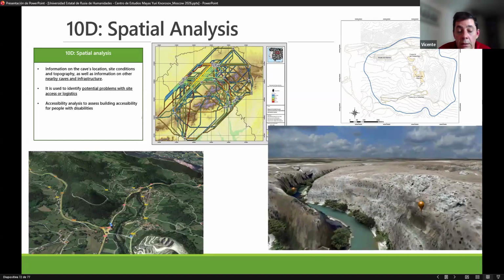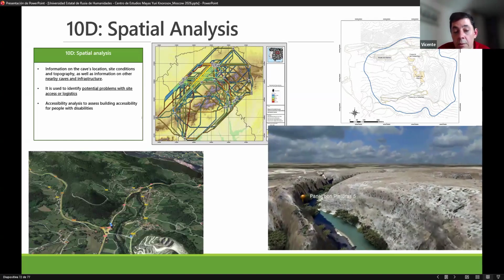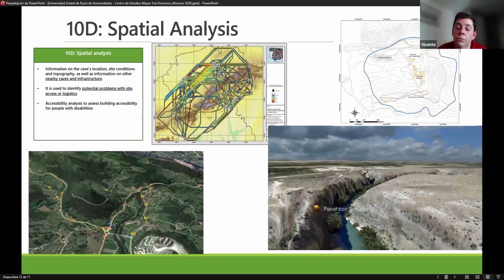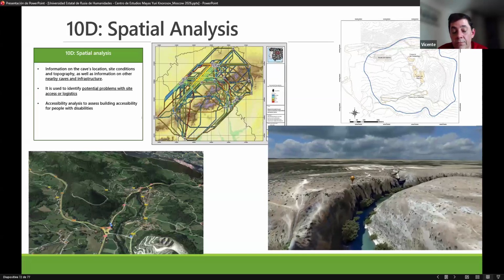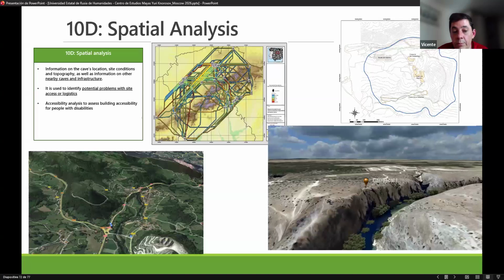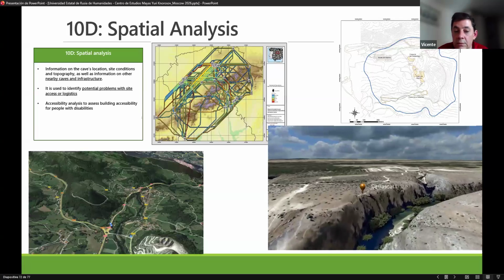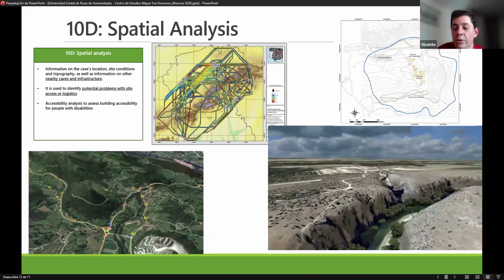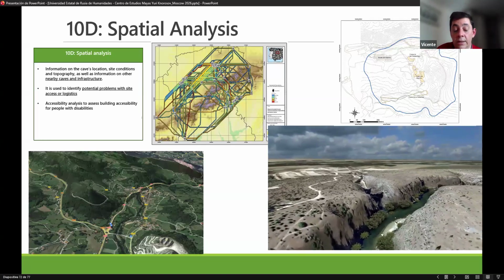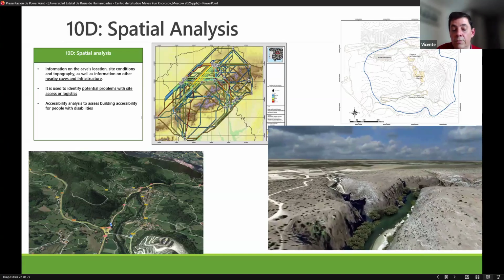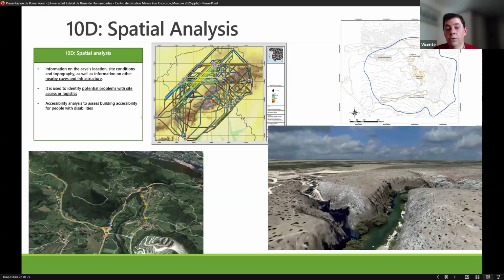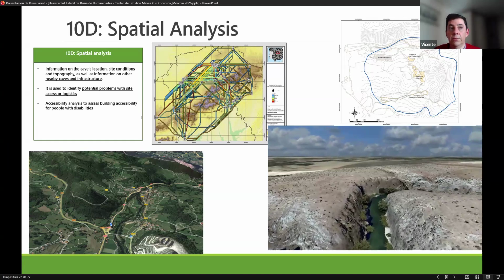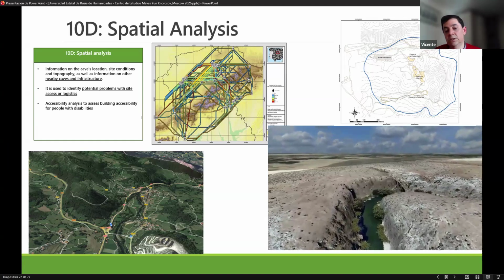And this is the context nowadays with Google Maps, so you can take all the information from Google Maps to overlay with the model, because you need it to find potential problems with accesses. Because here in Monte Castillo they had one problem: one person in Las Monedas had a heart attack. They had to take the person out of the cave, but the ambulance could not reach the door of the cave, which is around 700 meters from the reception center.